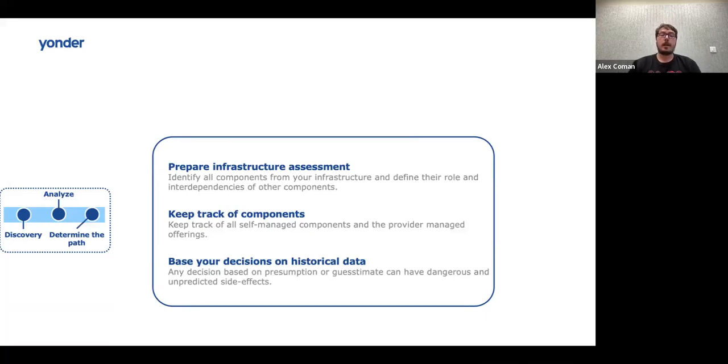For this stage, it's extremely important to have an infrastructure assessment in order to know exactly what the components are and what the purpose of each component in the infrastructure is. And you also need to keep track of those components' behavior over time, because for most of them there will be various changes, sometimes breaking changes, that can affect both the costs and the performance of your infrastructure.